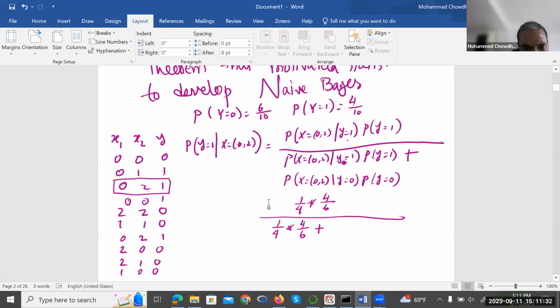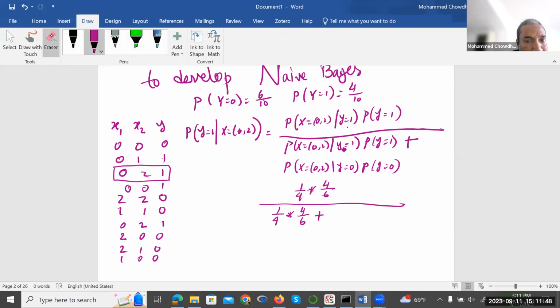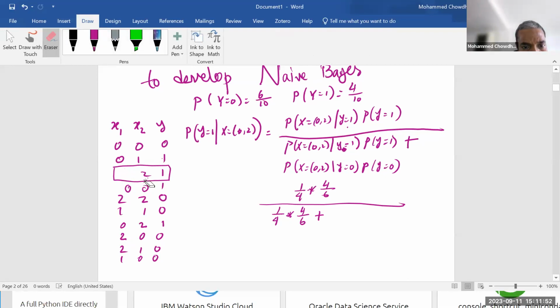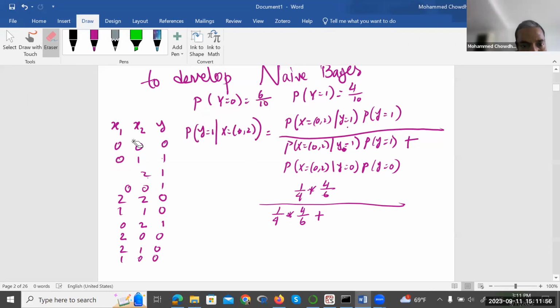Let me see whether this is a 0, 2 or not. That is 1 actually. I'm sorry. I wrote something wrong in there. Let me go there. This should be 1. Okay.